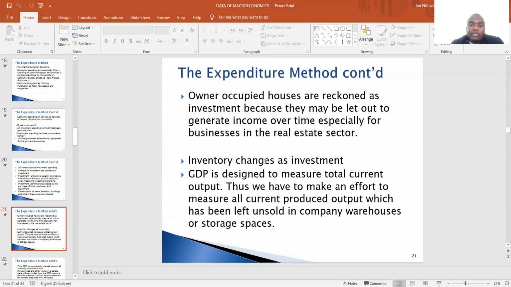How about inventory changes as investment? GDP, or any national income aggregate, is designed to measure total current output. Thus, we have to make an effort to measure all current produced output which has been left unsold in company warehouses or storage spaces.